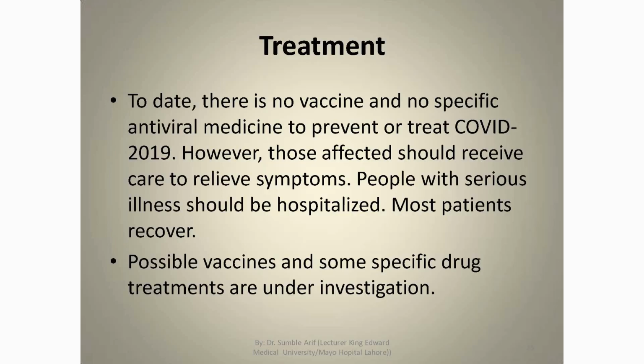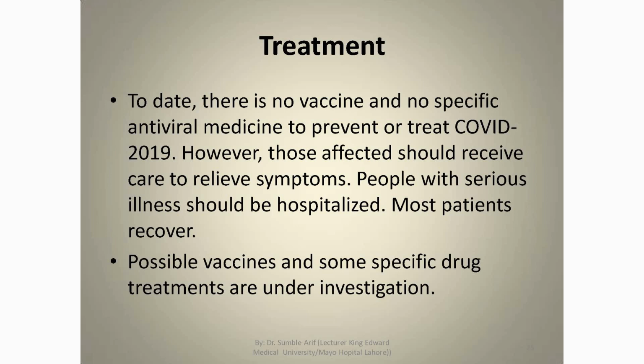Up to now, alas, there is no vaccine that can prevent this coronavirus. However, those who are affected should receive care to relieve the symptoms, the common symptoms like flu, cough, and fever. People with serious illness should be hospitalized first. Mostly patients recover.